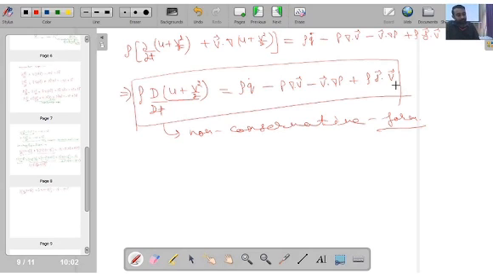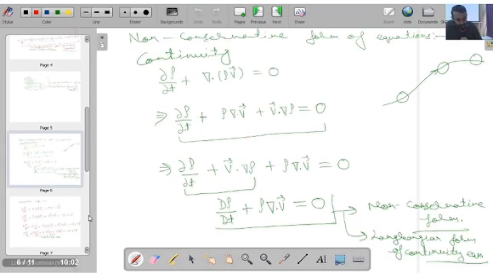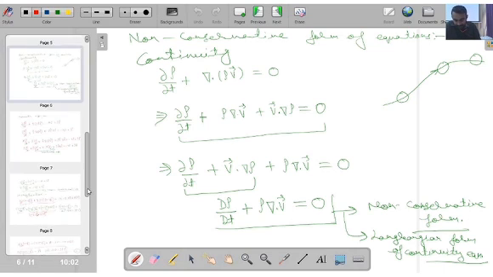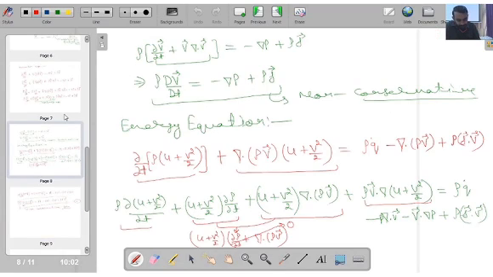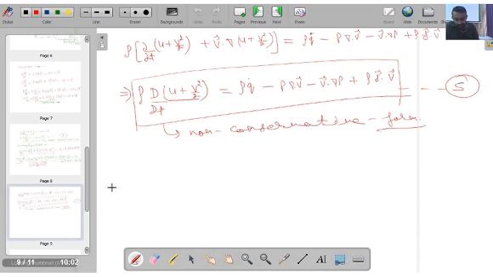For that, this is my equation number 5, and the non-conservative form of the momentum equation is equation number 4.